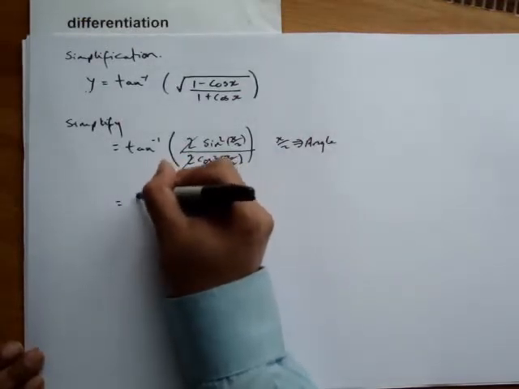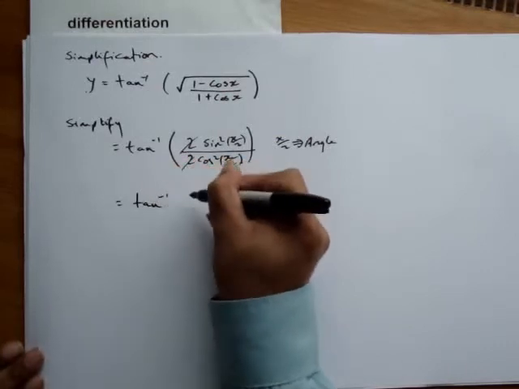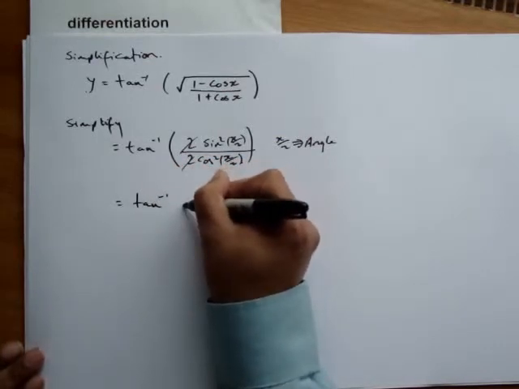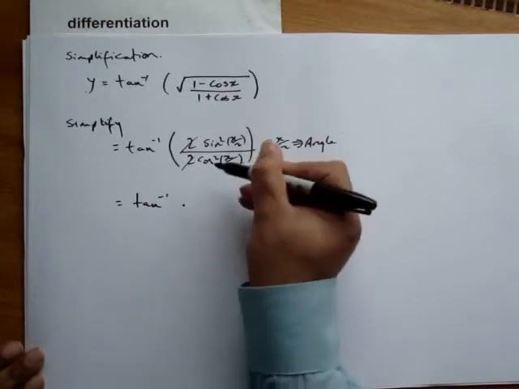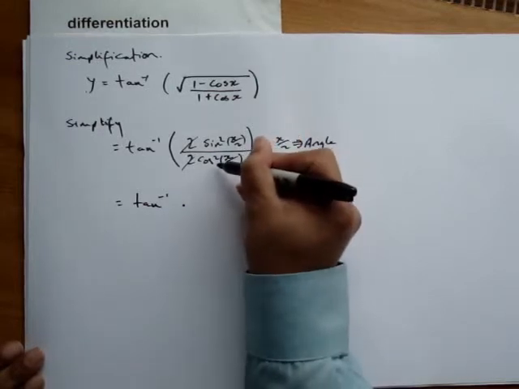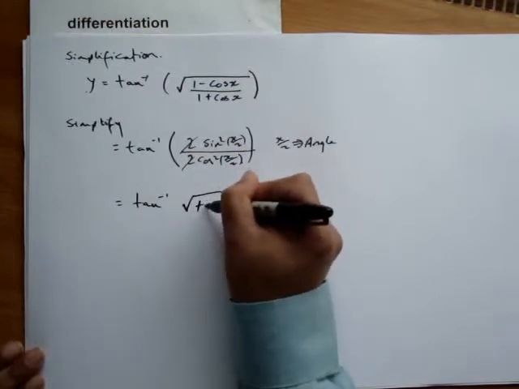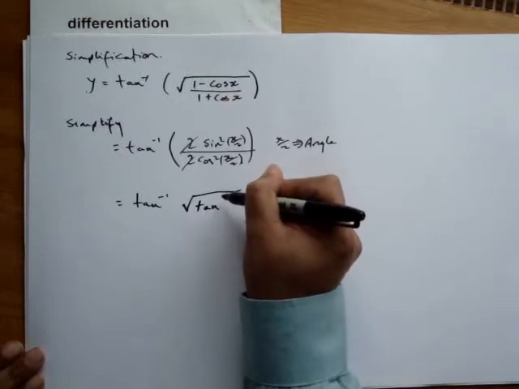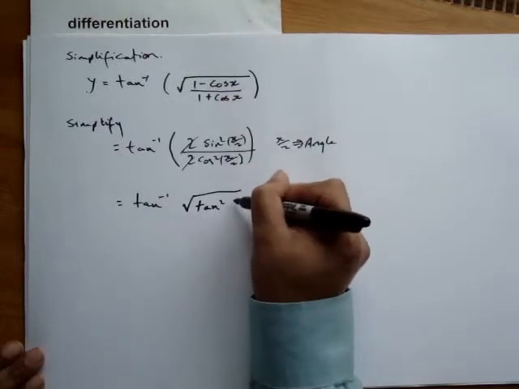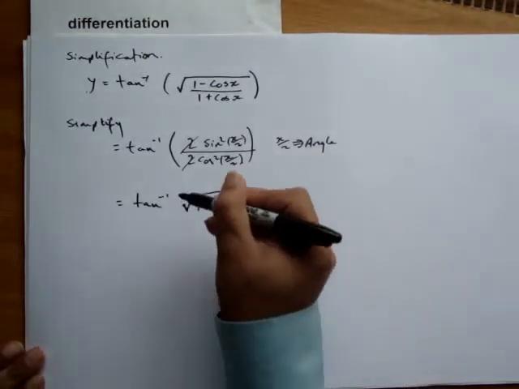So this becomes tan minus 1, sine squared x over 2 over cos squared x over 2 is tan squared x over 2.